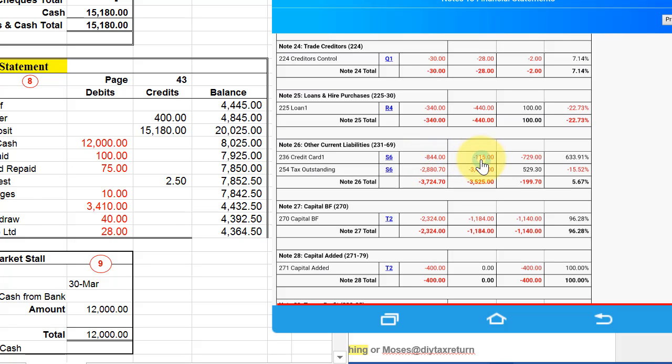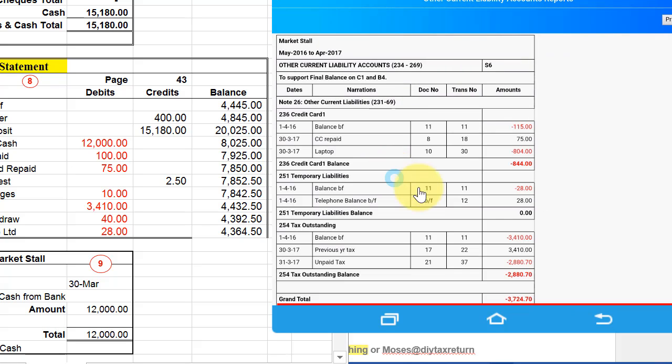The opening balance was that difference of 729. And the closing balance has increased by 633% from 115. We've got the tax outstanding of 2880. Remember, we had a quick look at this one. The opening tax was 3410, which was paid, and the closing tax is 2880.